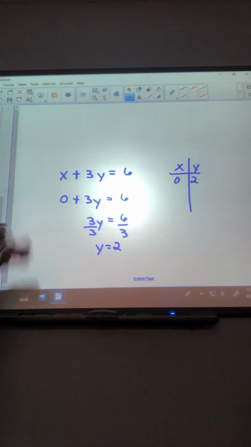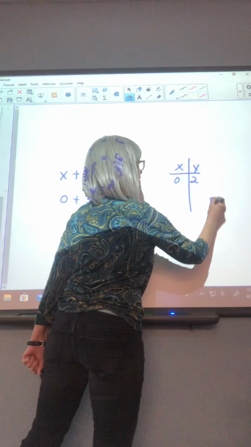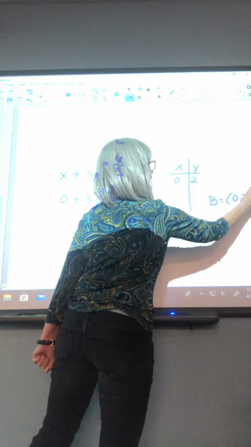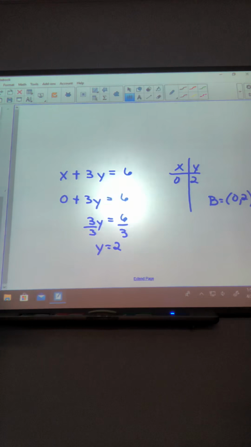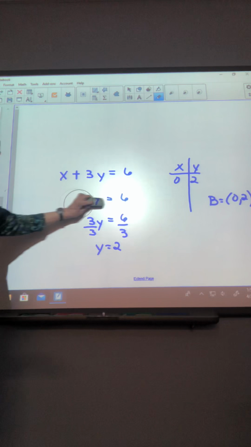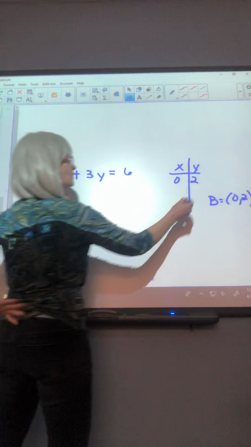So our y-intercept is going to be 0, 2. Again, I'm going to represent it by b so that you can get used to seeing that as the y-intercept, so 0, 2.